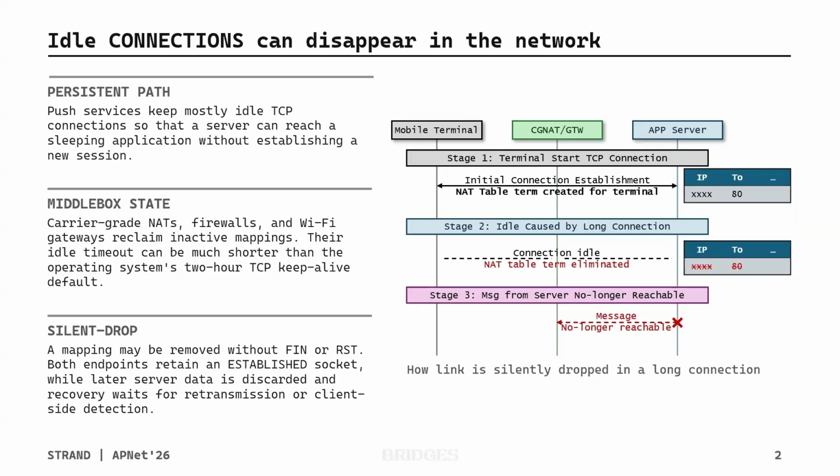This removal is often silent, which means these gateways send neither a FIN nor a reset to the terminal devices, and there is no such thing for protocols like UDP or QUIC. So the client and server retain established state, even though forwarding state no longer exists. When the server sends a push message, the gateway directly drops it, as there is no longer valid destination information for it.